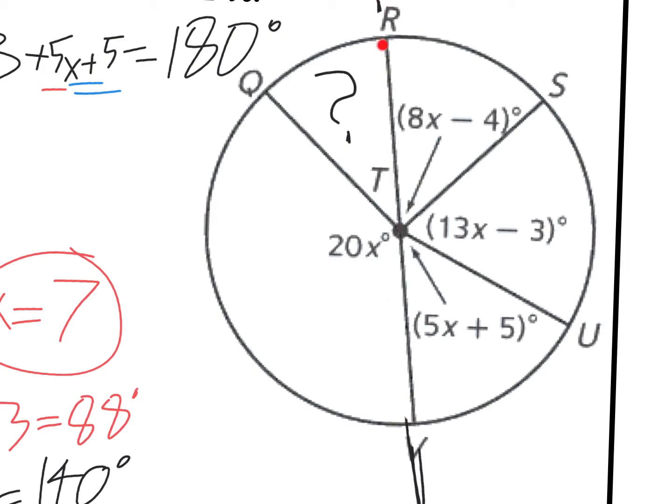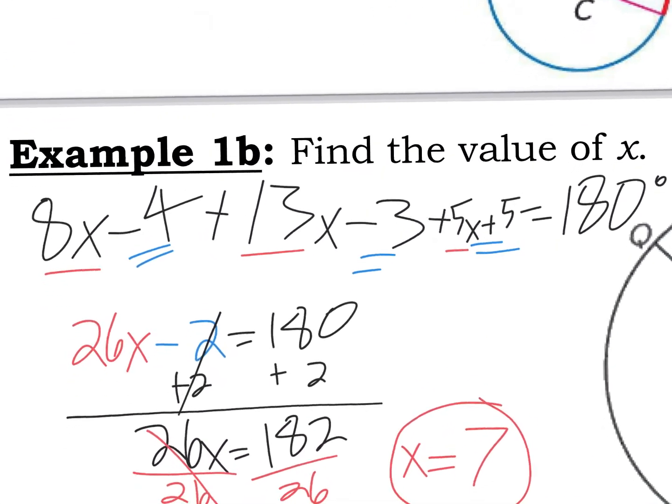So I'm just going to add up these three sectors and set them equal to 180 degrees. I'll add 8x minus 4 plus 13x minus 3 plus 5x plus 5, and I'll set it equal to 180.